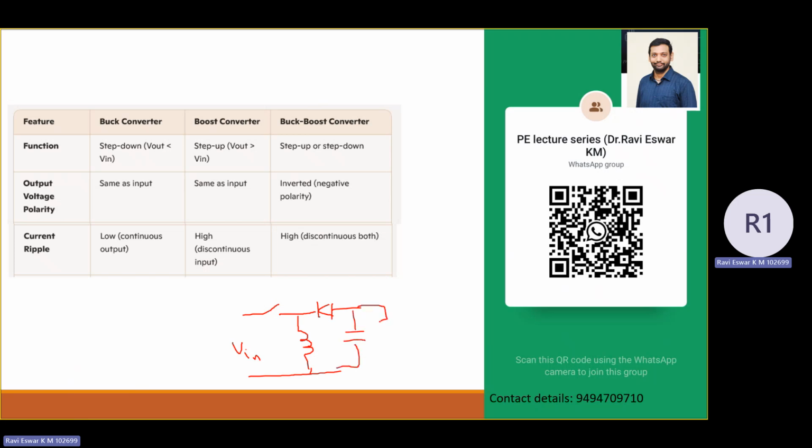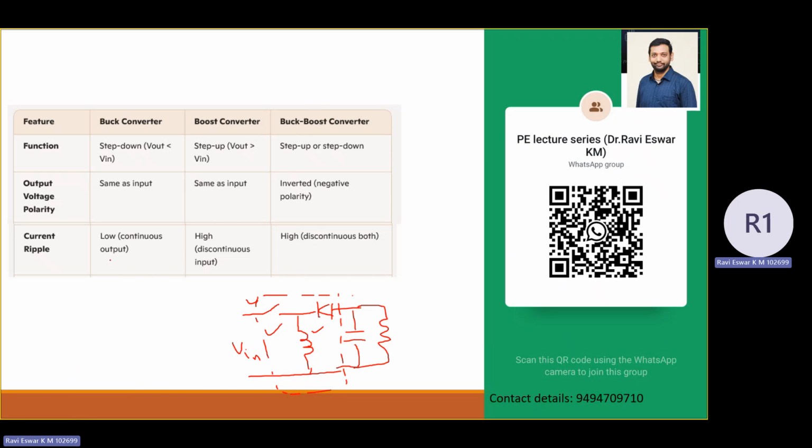You can observe that the current is discontinuous at the input side, and also at the output side, because the inductor is neither present at the input side nor at the output side. So the current ripple is high in the case of the buck boost converter.